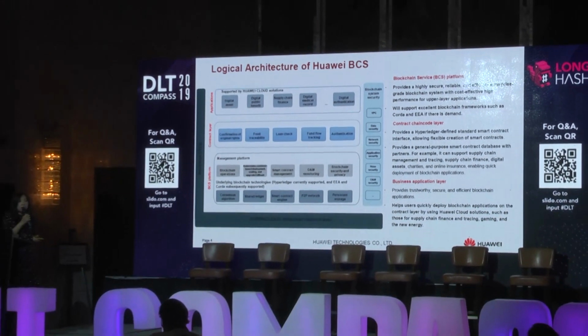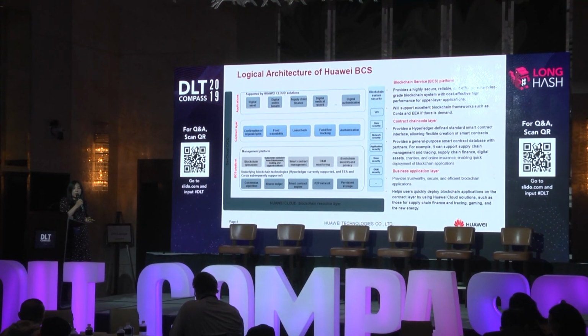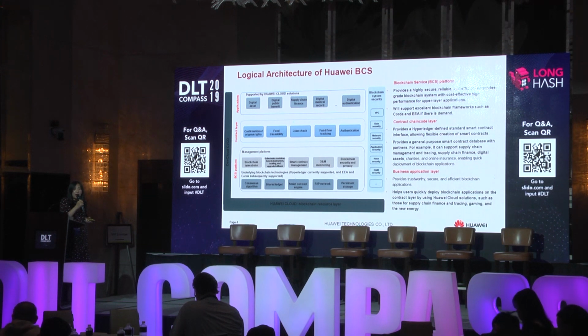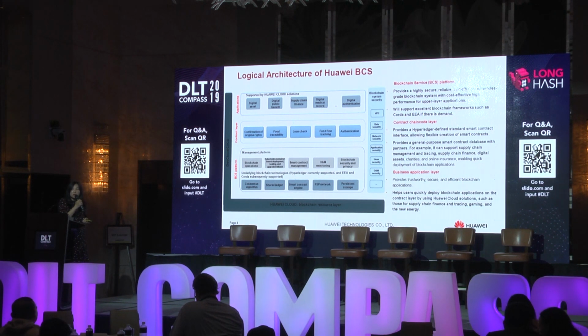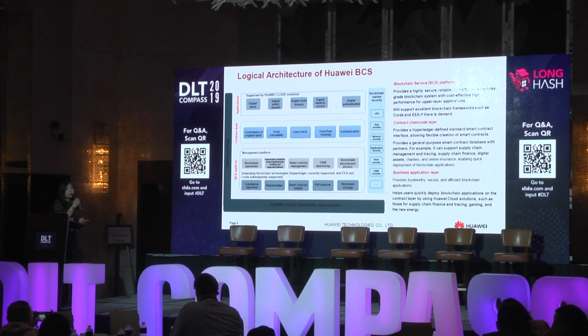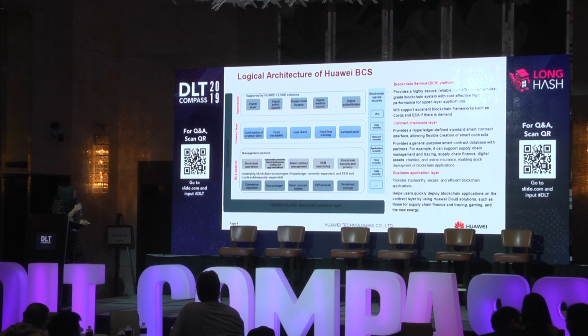So the user and also the ISV can download the smart contract and use that to quickly deploy and develop blockchain applications, such as supply chain finance, digital asset management, etc. On top of that, we co-work with the ISV to quickly develop the end-to-end blockchain service. So this is the logic architecture of Huawei blockchain service.